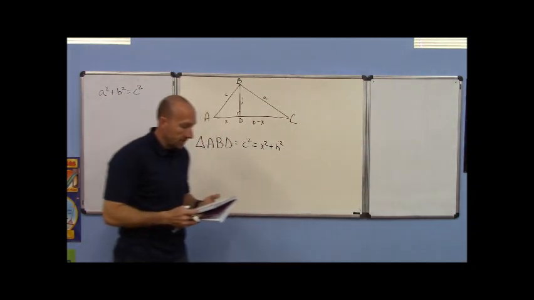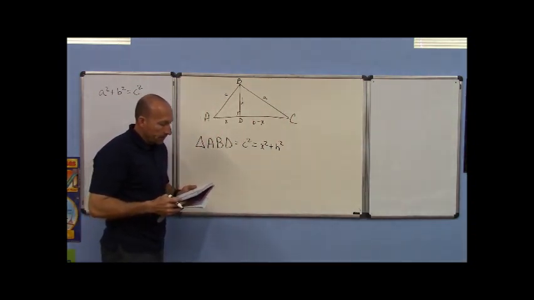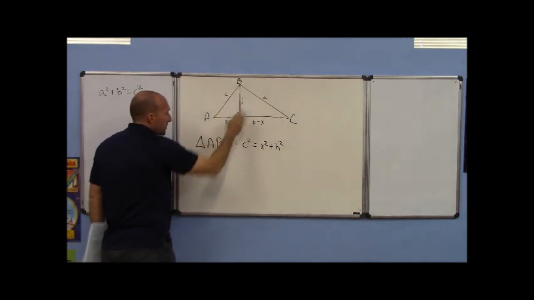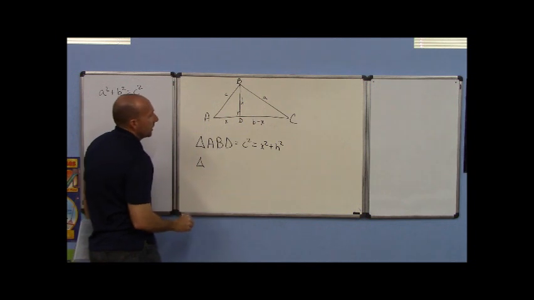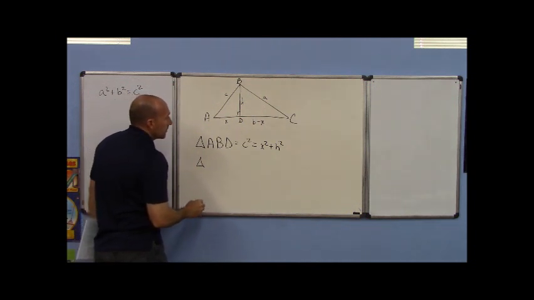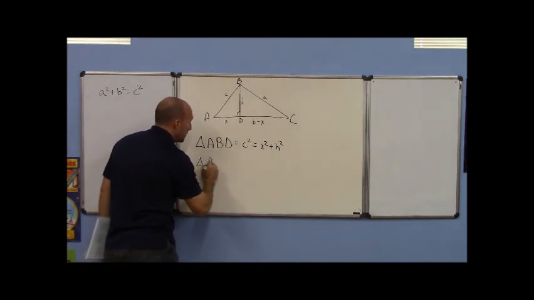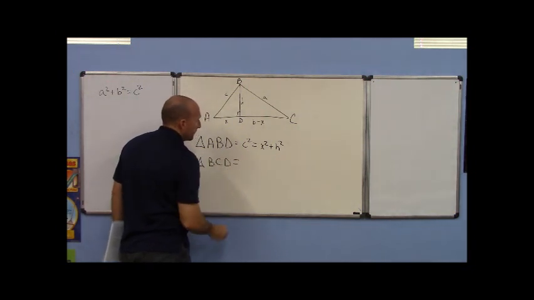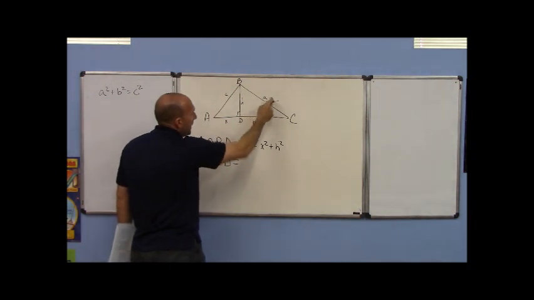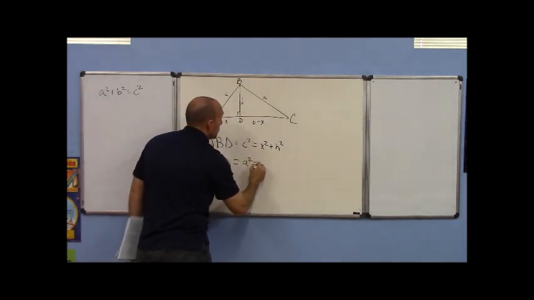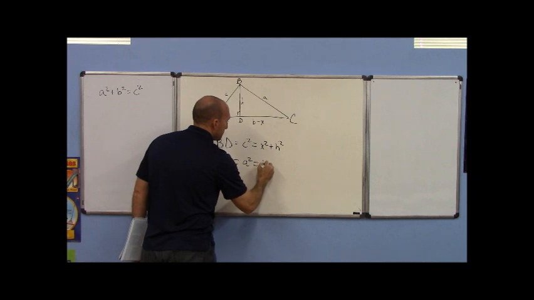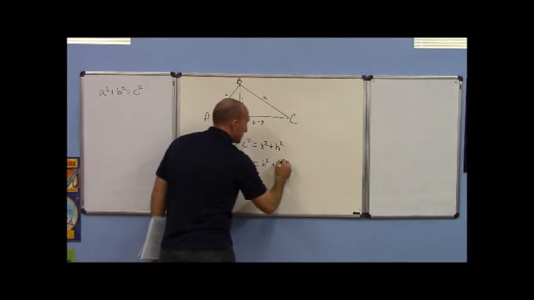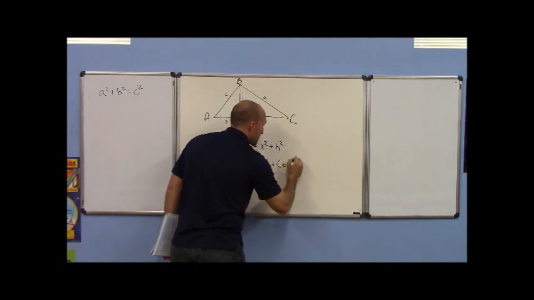Okay, but you can do that. So now, likewise, for this triangle here, likewise with this triangle, BCD, we can call it, it will be a squared equals h squared plus b minus x squared.